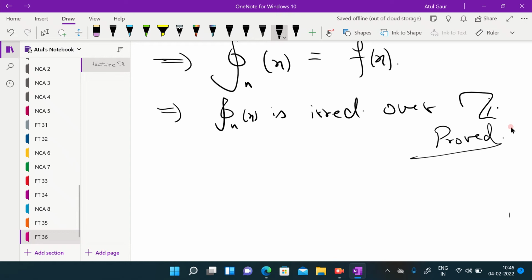Is that fine? Anything from the proof, if in case you have any doubt?